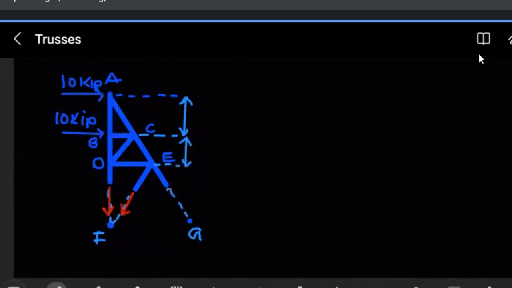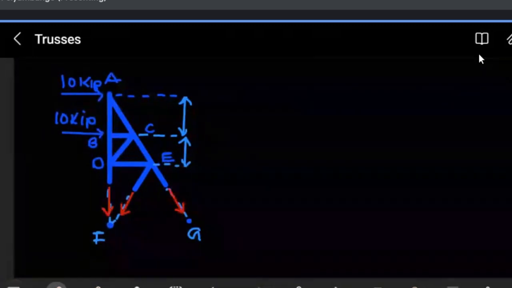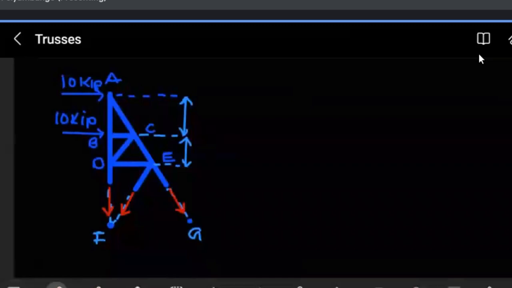In this way, I am just assuming the sense in each member. And you recall that if I find any of these forces to be negative, it will imply that the forces are actually in the opposite direction. And under the method of sections, again, recall that these forces are not necessarily being applied at the joints, but they are describing the internal forces inside the member.